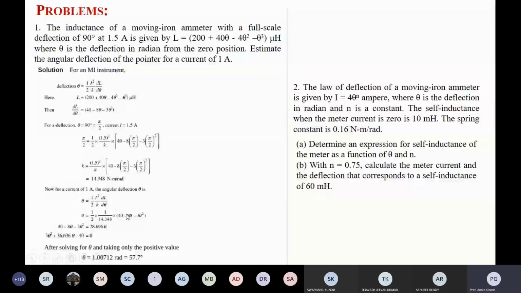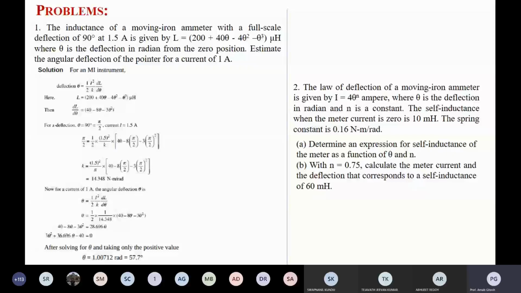So a quadratic equation comes, and you can use Sridharacharya's formula. Directly you can find theta equal to 1.00712 rad. Converting from radian to degree, it comes to 57.7 degrees. That is your problem number 1.